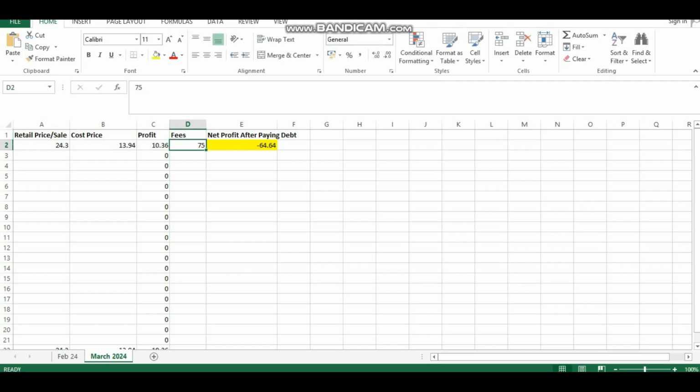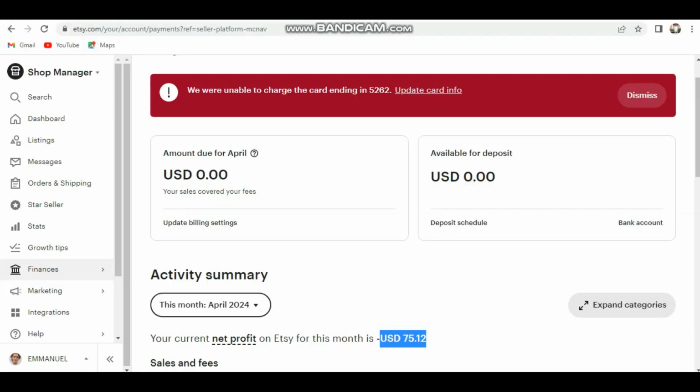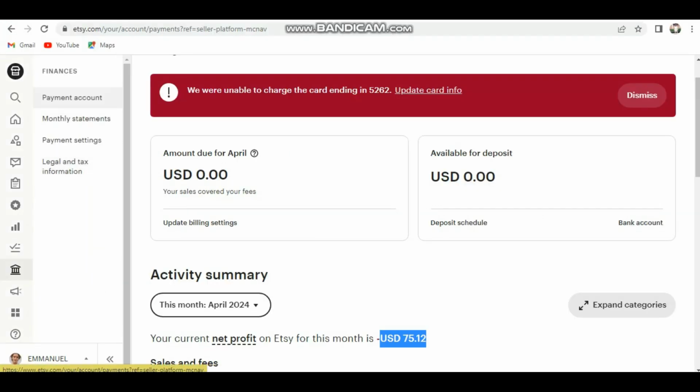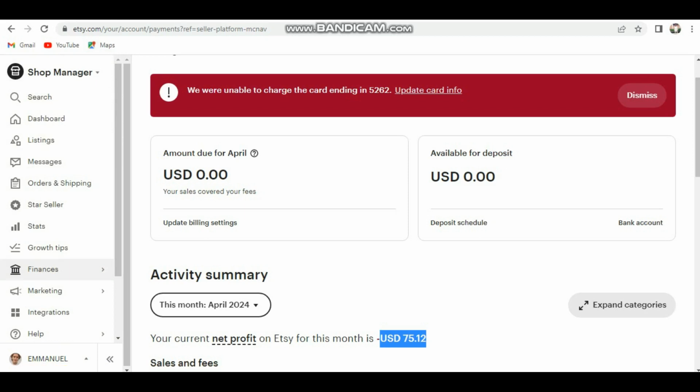So for these fees, for this particular sale, I want to come over here to finances and click on payment account. Then when I scroll down, I'm going to manually sum up all the fees that sale accrued to me in my calculator. The transaction fee, the relisting fee, the sales tax fee, everything. I'm going to calculate it.